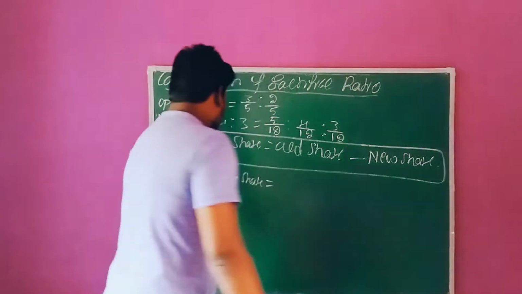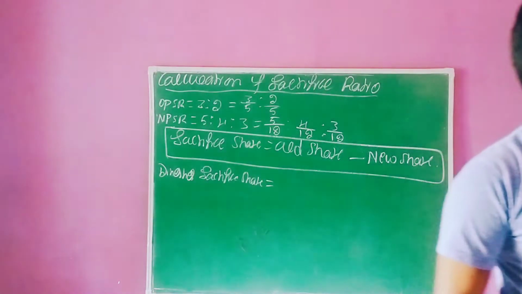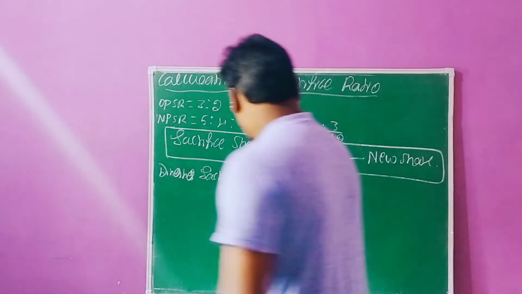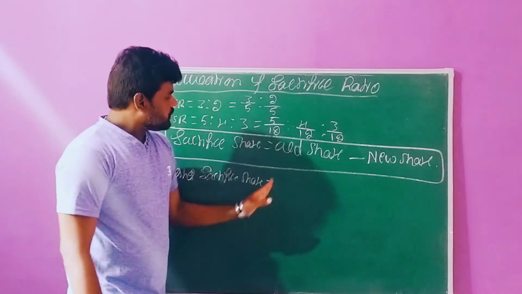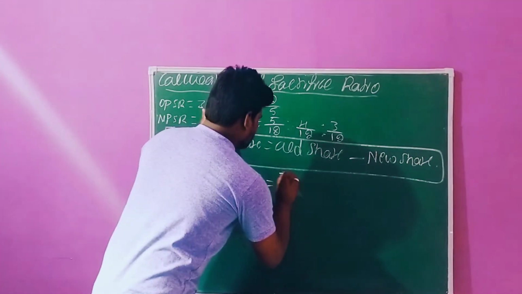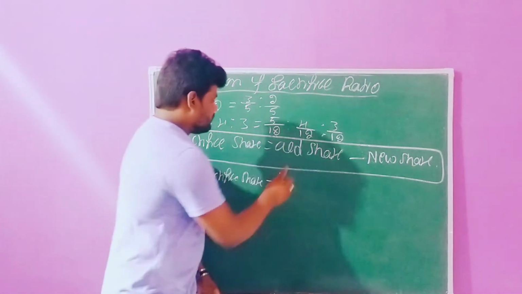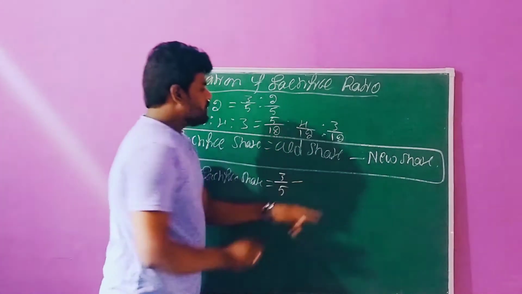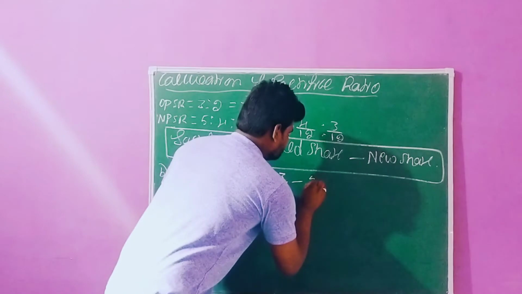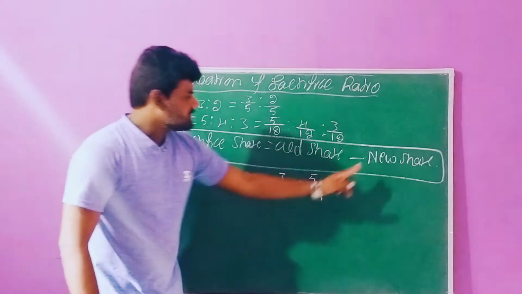So the old share of Dinesh is 3 divided by 5. Old share minus new share. What is the new share of Dinesh? 5 divided by 12.